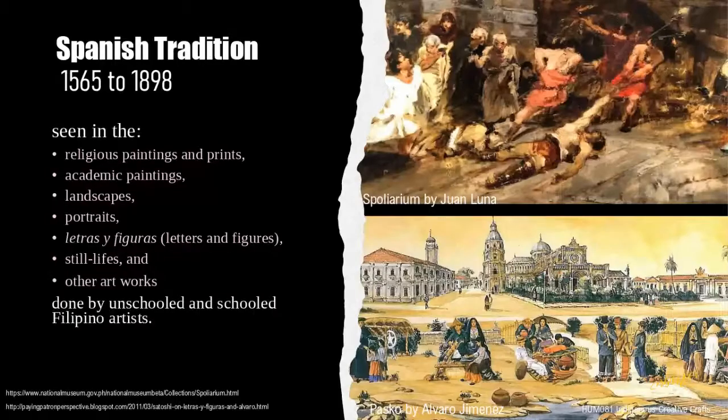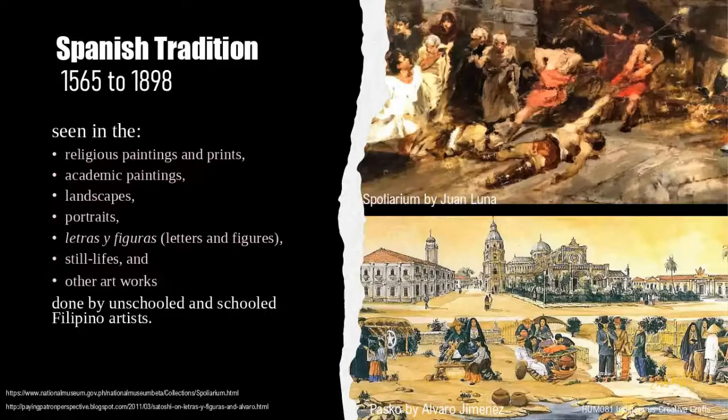And then we have the Spanish tradition from 1565 to 1898, seen in the religious paintings and prints, academic paintings, landscapes, portraits, letras y figuras, letters and figures, still lifes, and other works done by the unschooled and schooled Filipino artists.